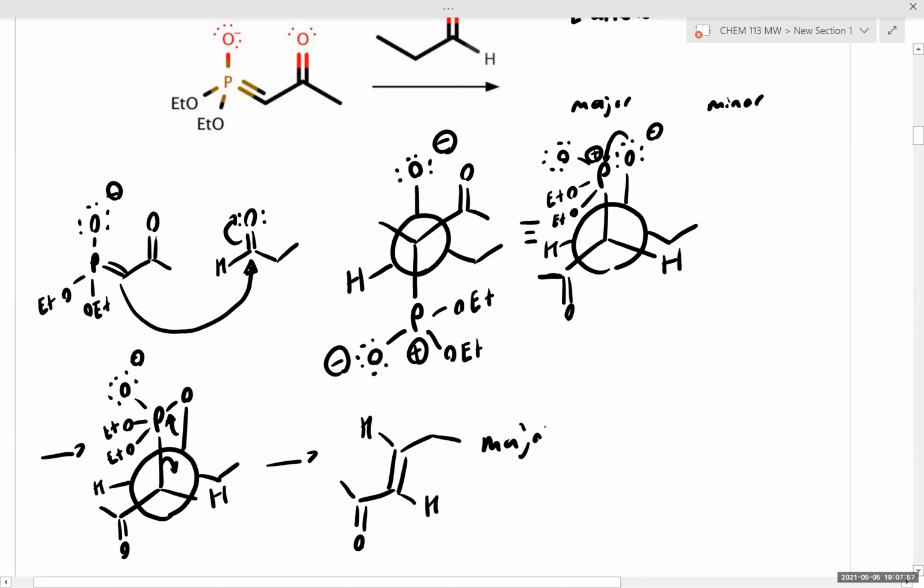This is our major product from this Horner-Wadsworth-Emmons olefination reaction, which resembles and is identical mechanistically to the Wittig reaction when you have a stabilized ylide.